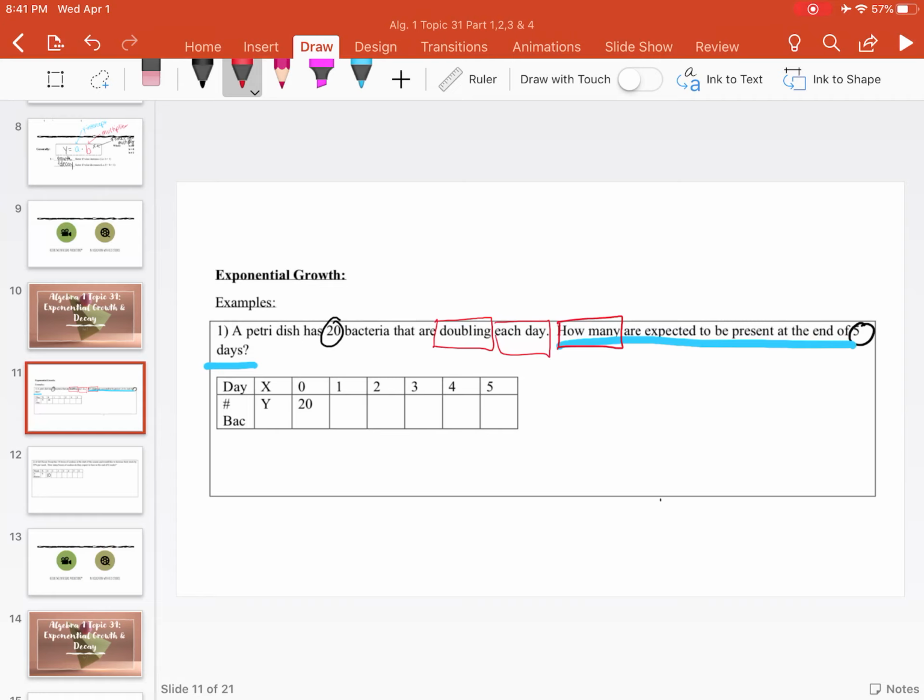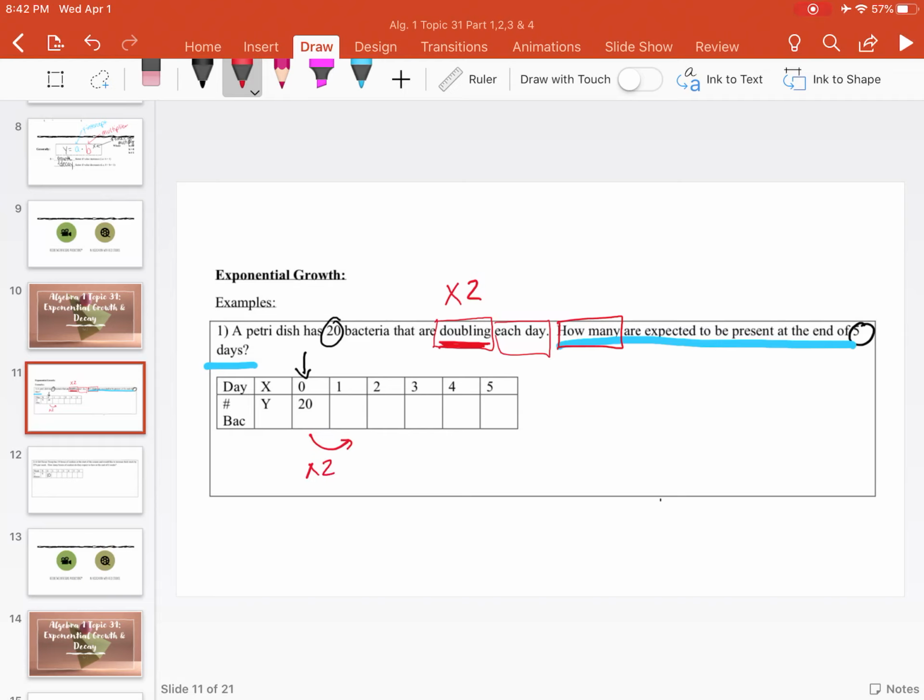So, starting off, we know a petri dish has 20 bacteria that are doubling each day. So on day 0, without any time having passed, we start with 20 bacteria. After the first day, how many bacteria will we have? Well, because we are doubling each day, doubling means that we are multiplying by 2.